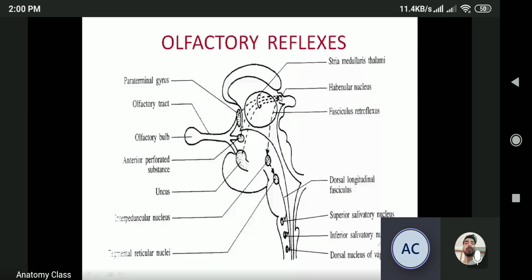From the habenular nuclei, the connection is sent to the interpeduncular nucleus through the fasciculus retroflexus, from the interpeduncular nucleus to the tegmental reticular nuclei, and from there finally to the superior salivatory nucleus, inferior salivatory nucleus, and dorsal nucleus of vagus, which are responsible for salivation. So this describes the possible olfactory reflex: whenever we see or smell tasty food, we start to salivate because of this pathway.